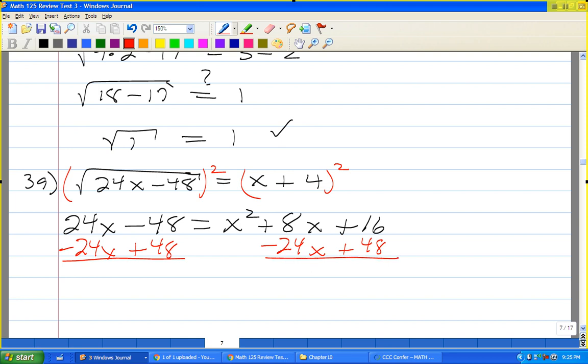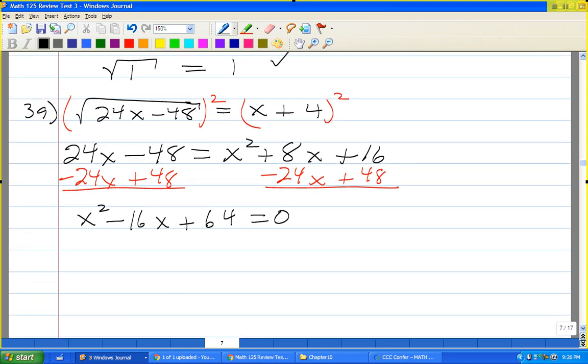And so, let me make that look nicer. And so I have here x squared. 8 minus 24 is a negative 16x. 48 plus 16 is 64 equals 0.